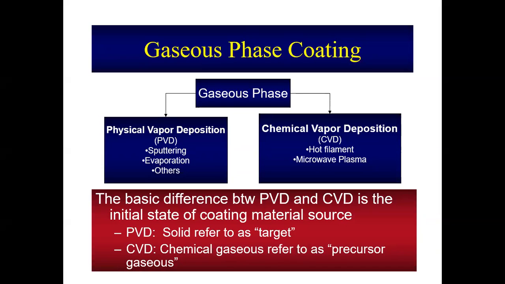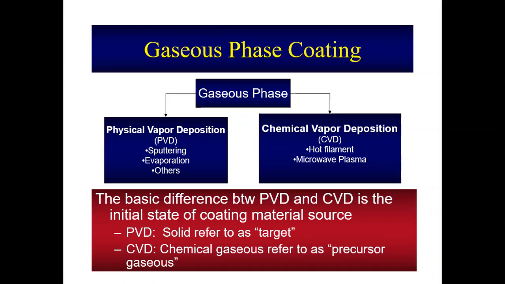Let me try to explain it a bit. For example, if I want to coat titanium aluminum nitride, the initial state of the coating material before it's transformed into gaseous phase will be titanium aluminum solid, like a bar. And then we have gases inside the chamber.